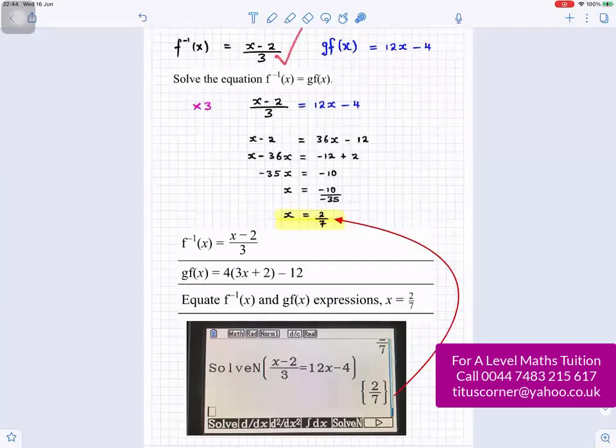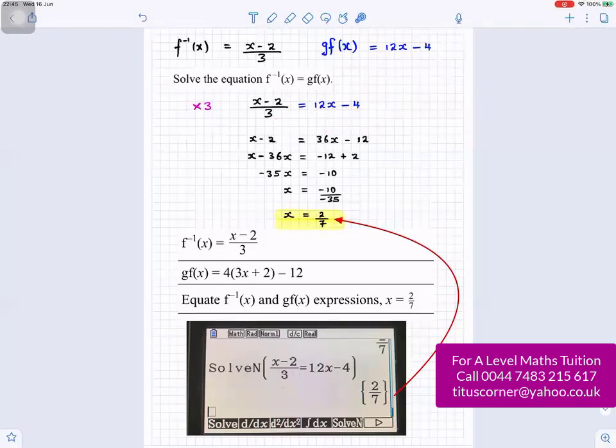So we know f inverse of x and we know gf of x. We put the two together, make them equal to each other. So (x minus 2) over 3 is equal to 12x minus 4. Multiply by 3 on the left and multiply by 3 on the right. So 3 times 12 is 36, and 3 times 4 is 12.